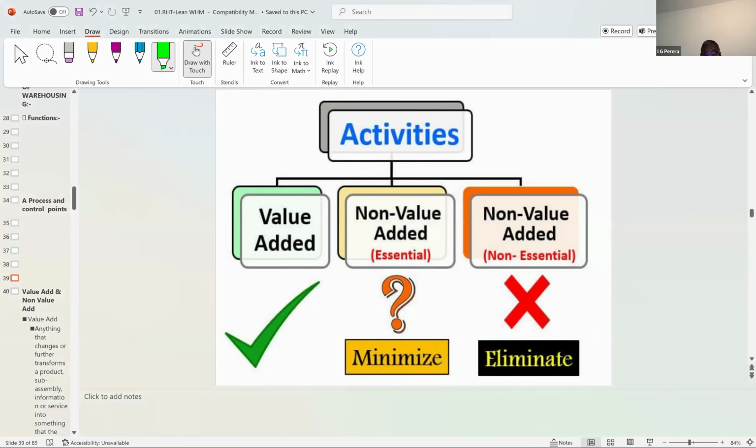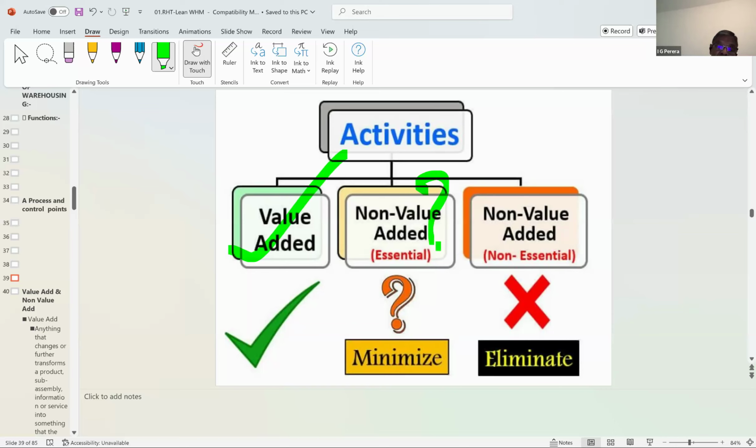If the waste is happening, then it is non-value adding. But if the waste is not happening and there is a non-value adding activity, you cannot remove it, it is needed. It is categorized as a non-value adding activity but required.